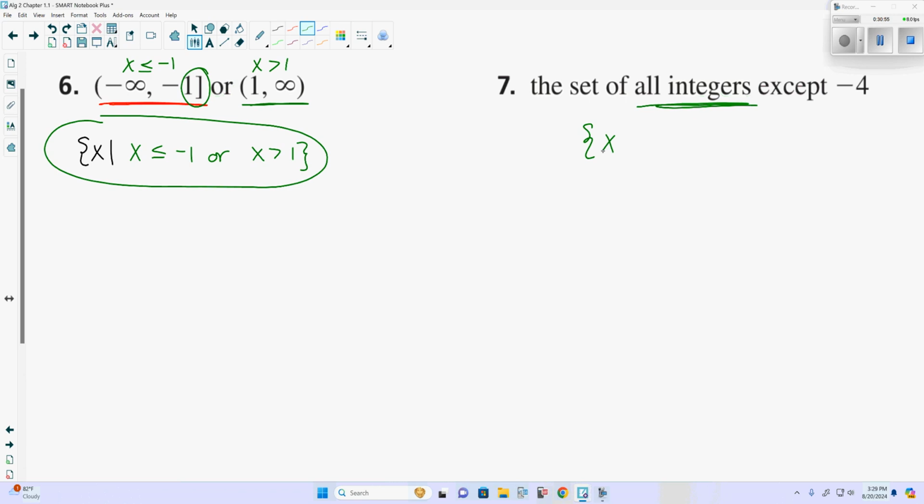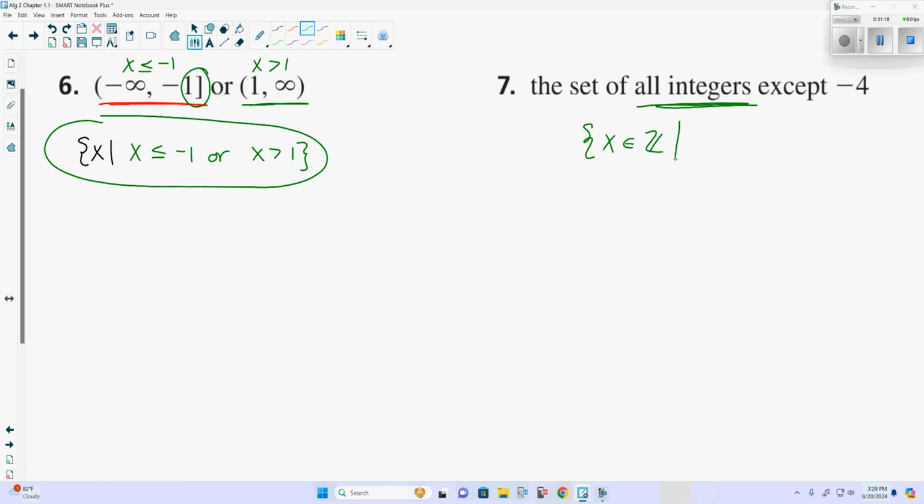So we can say x is an element of the integers, such that... because since it told us a different group besides real, we have to use this here. Now, if it had said the set of all real numbers except -4, we can do brace x bar.